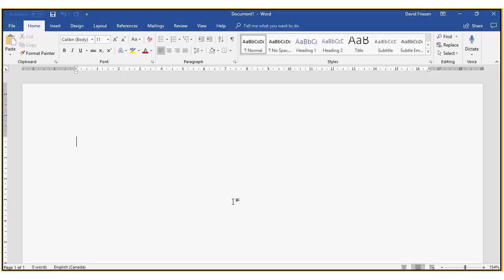So without further ado, I'm going to walk through page 191, example 5. Doctor says 2,500 milliliters of fluid given over 24 hours.